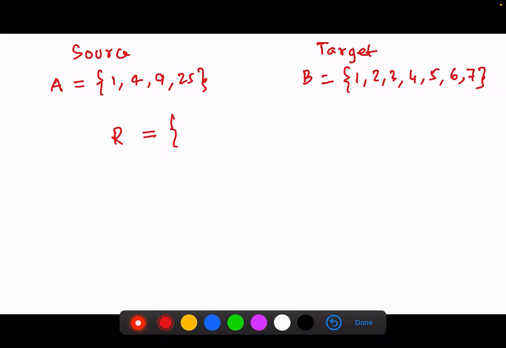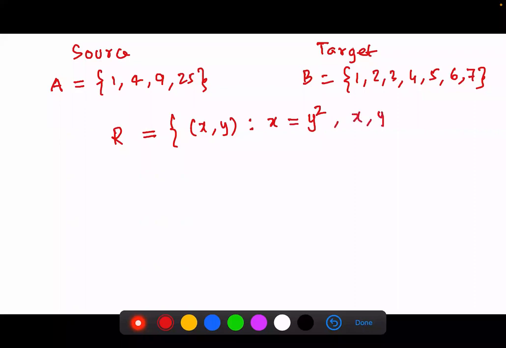So this relation is going from A to B, the set of all ordered pairs x comma y such that x is square of y, and x belongs to A and y belongs to B. Okay, so this is the relation.